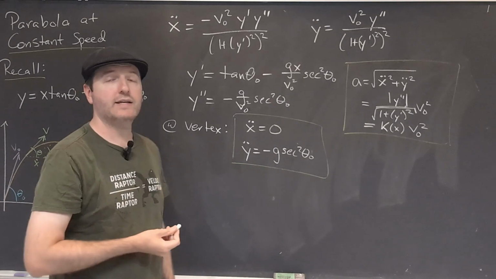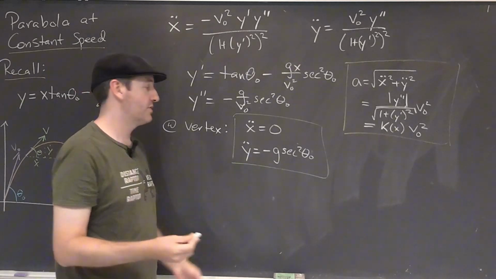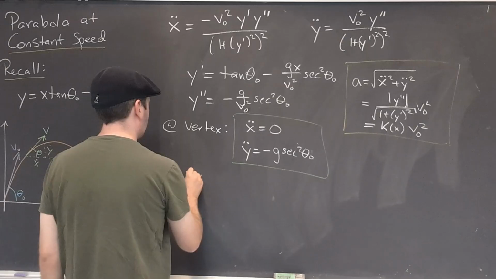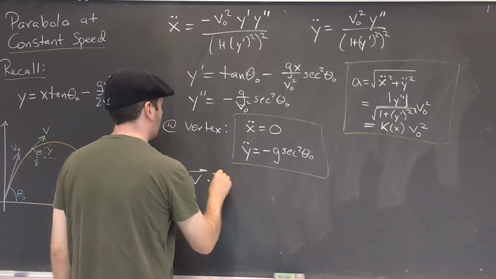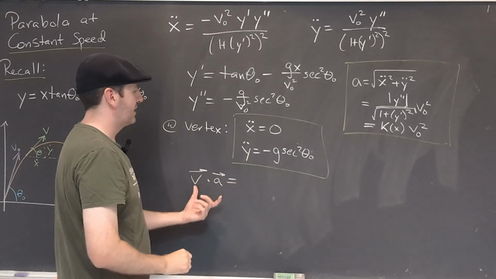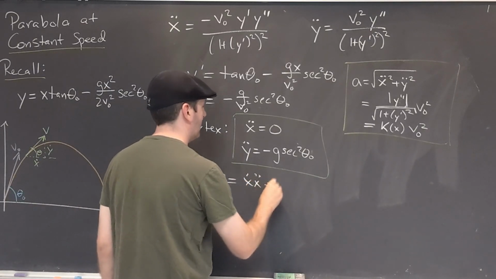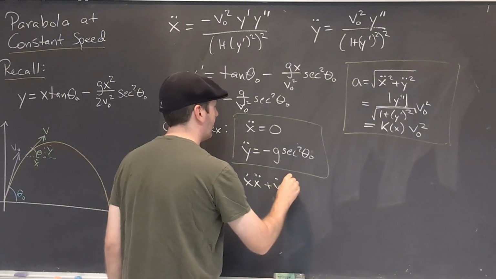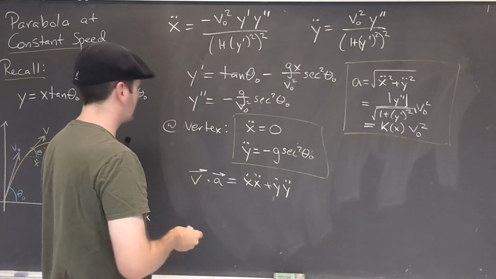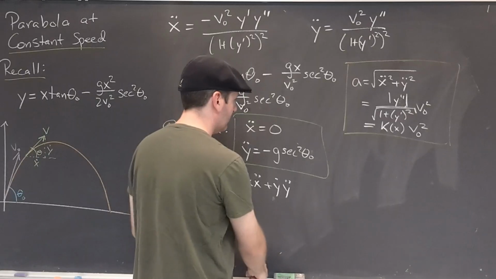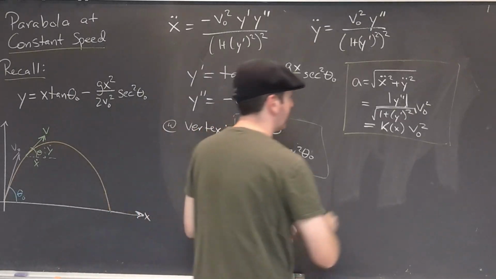One last thing we could check is how the acceleration and velocity vectors are related. Let's go ahead and take the dot product of the velocity and the acceleration, which would be x dot x double dot plus y dot y double dot. On the previous board, we had those values. I'll rewrite them out real quick here.